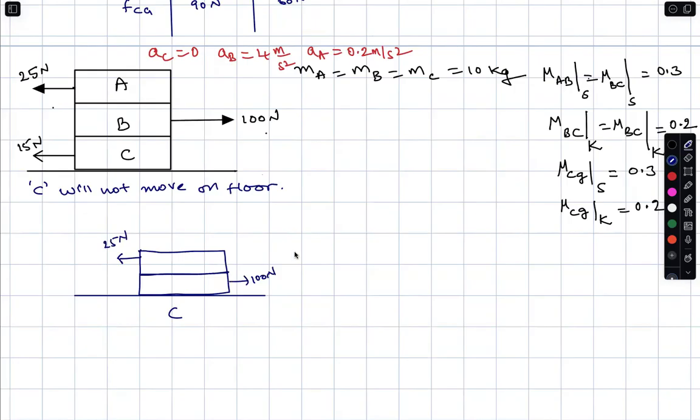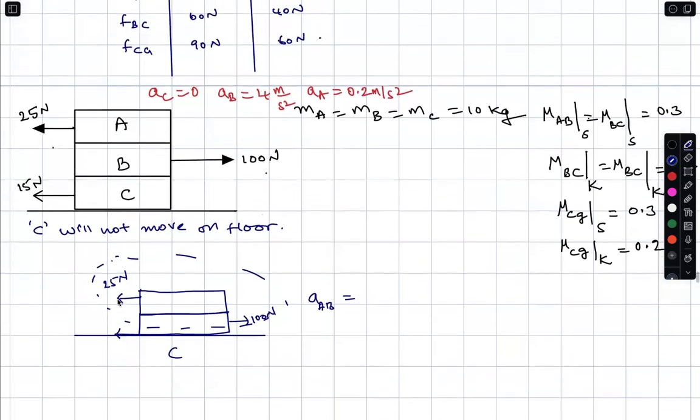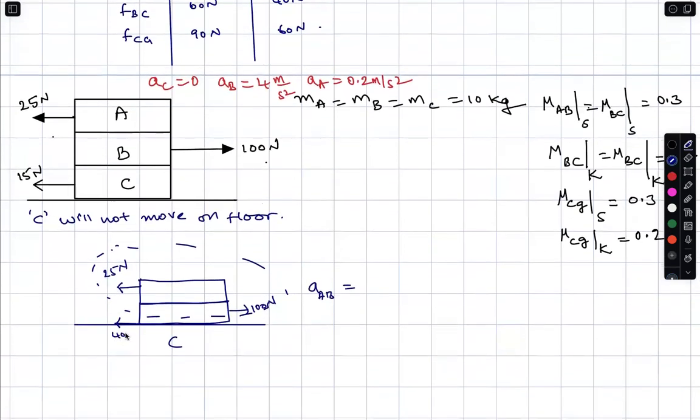Okay, now the net tendency is 75 newtons, for example. Then what is going to be the acceleration of this common system AB? There is a frictional force which is by the way 40 newtons.